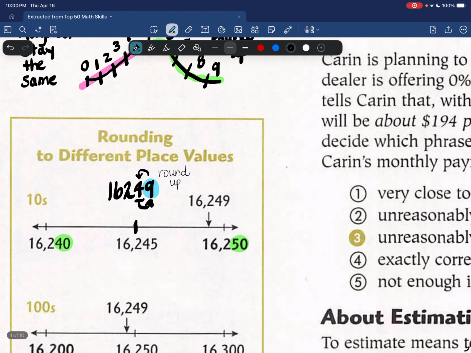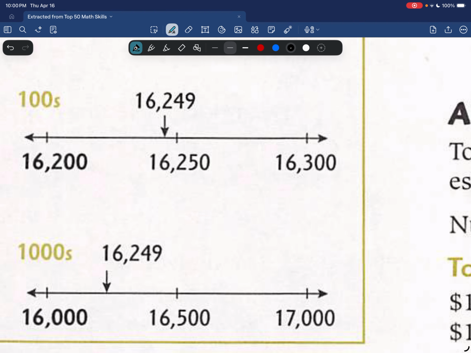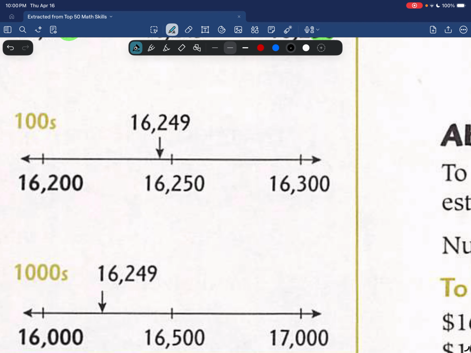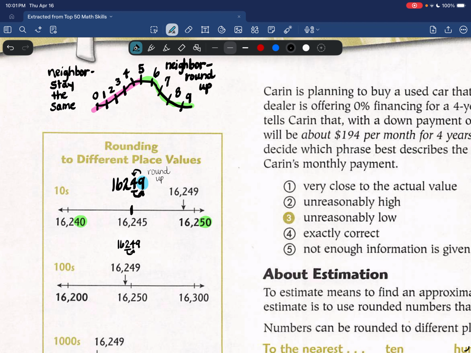So let's apply the same rule. This time we're going to round to the hundreds place. So I would take the 16,249, and this time I'm underlining the hundreds place. And I look next door, apply the rounding rule. This time the neighbor is in that range of staying the same.